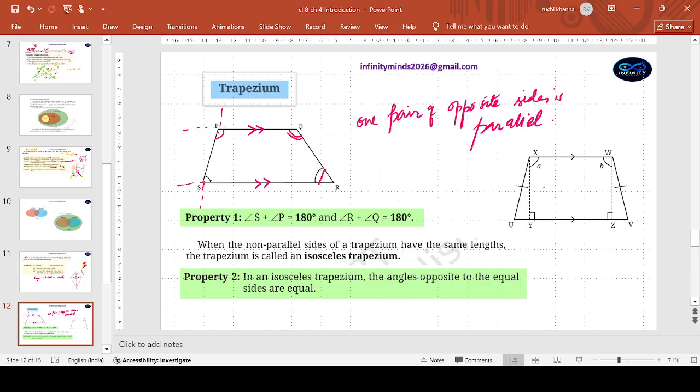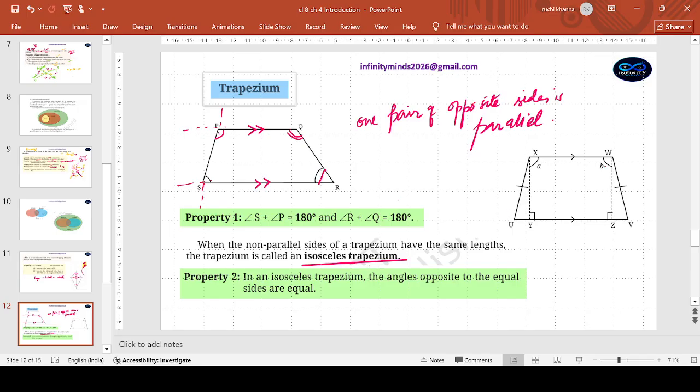Now, if these are the two parallel sides, the other two are of course not parallel, but if the non-parallel sides become equal, the same length, such a trapezium is called an isosceles trapezium. Remember the word isosceles? In a triangle, you have two sides equal.